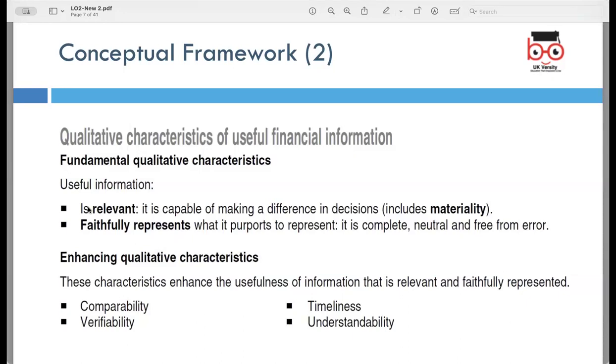This means it should be complete, neutral, and free from errors, providing a true picture of the company's financial position and performance. Enhancing qualitative characteristics. These characteristics enhance the usefulness of information that is relevant and faithfully represented. So, comparability, timeliness, verifiability, and understandability.